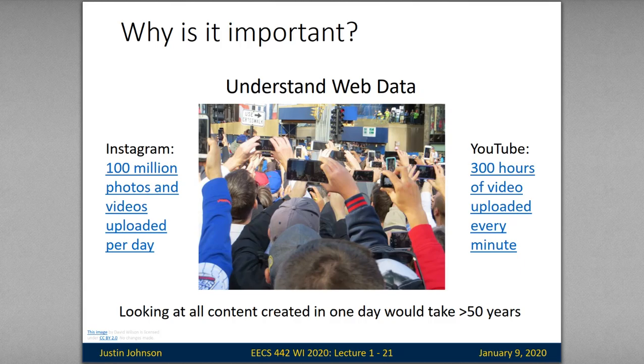And for a human, looking at all this content that is introduced in just one single day would take more than 50 years. So this is something that a human could not even manage, but for a computer, when properly trained, it's possible.